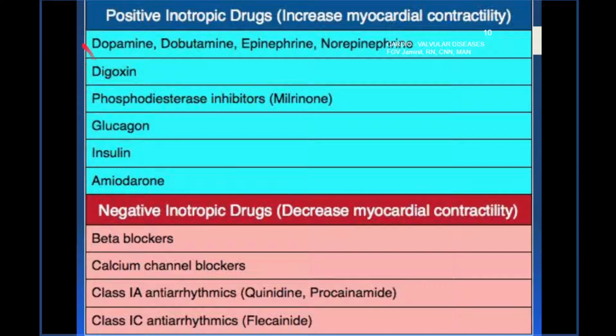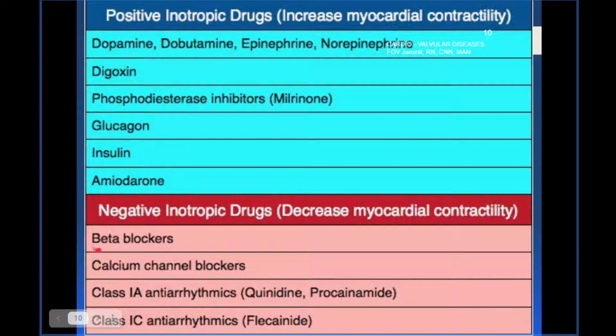So this would be your dopamine, dobutamine, your catecholamines like epinephrine and norepinephrine. Your digoxin also has a positive inotropic effect. Your phosphodiesterase inhibitor or milrinone, glucagon, which is used to treat hypoglycemia, your insulin to treat hyperglycemia, and amiodarone, which is used to treat cardiac dysrhythmias, or changes in the electrocardiograph of the patient.